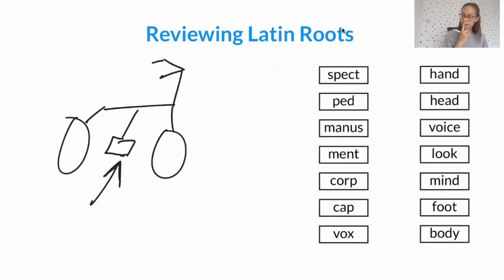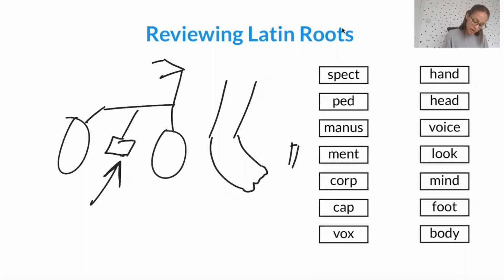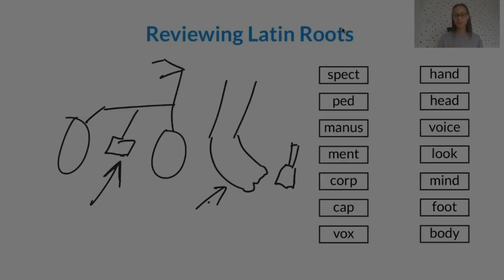And we had pedicure. Again, I have to draw feet. Let's draw a little bottle of nail varnish, because that's what you'd have at a pedicure. So you can draw little pictures like that. So think of words that relate to these roots, which is a good exercise in itself, and then draw them out for someone to guess which ones match with which.